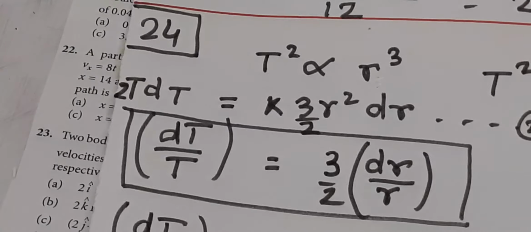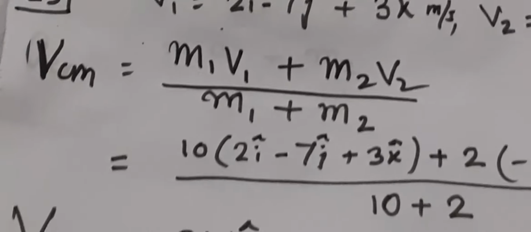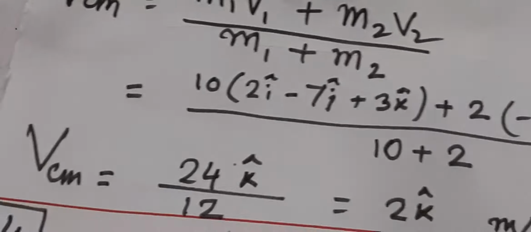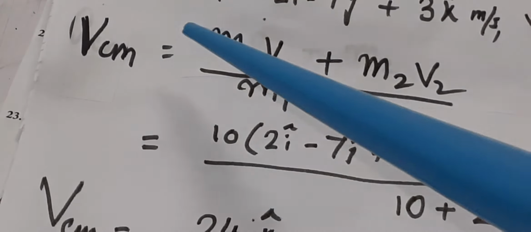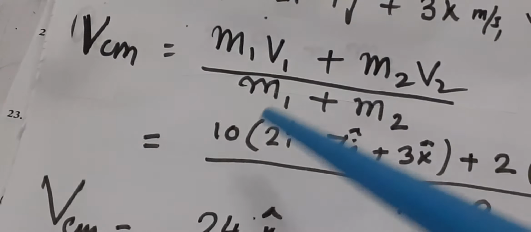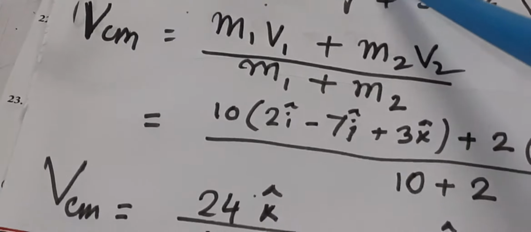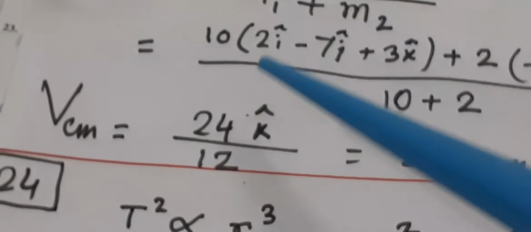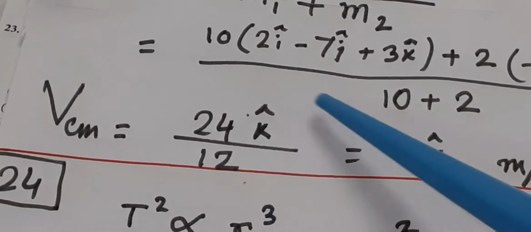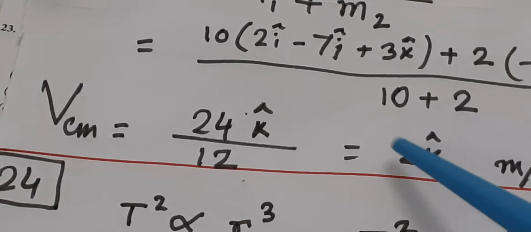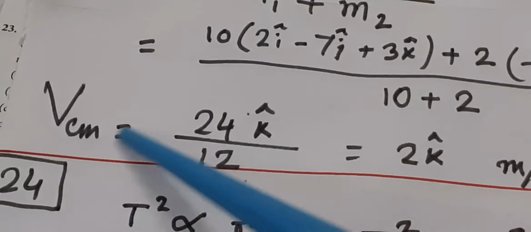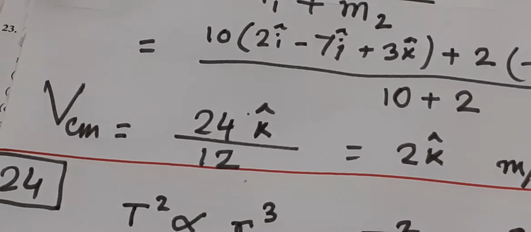Then differentiate, you will get vcm equal to (m1 v1 plus m2 v2) divided by (m1 plus m2). Now m1, m2, v1, v2 are all given, just substitute here and find out, and it will give 24 by 12, I mean 2k will come. The velocity of the center of mass will be 2k meter per second.